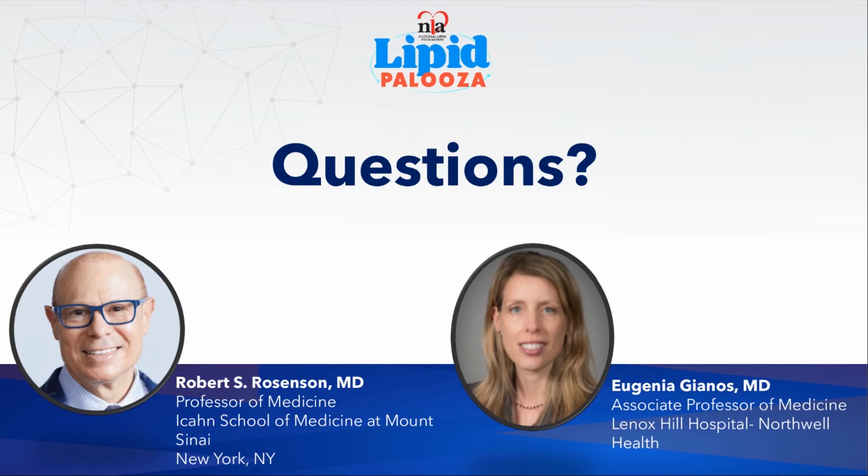Certainly that was a lot of information about the future in terms of what we're understanding about HDL. And for our audience, to bring it back to the current time and clinical practice and what we actually can do with this information, I'm curious as to your thoughts.